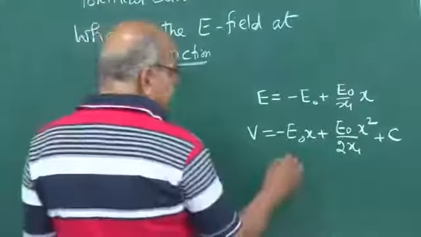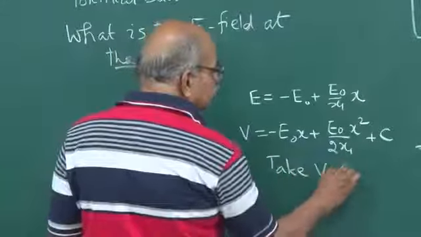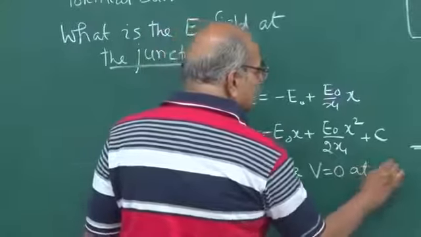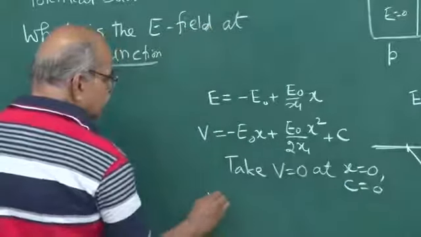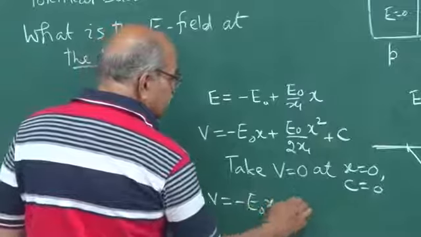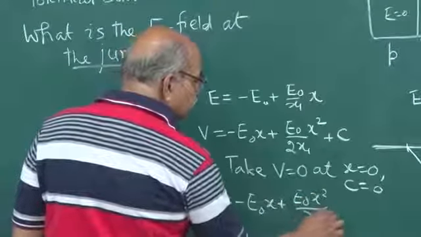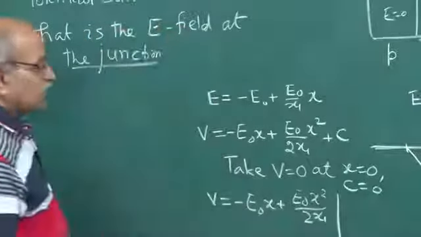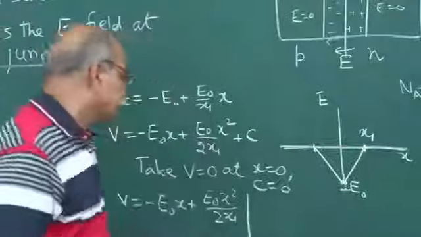And you can take V to be 0 at x equal to 0. This is our choice, and that will make c equal to 0. So V is equal to minus E naught x plus E naught x squared over 2 x1. And what happens at x equal to x1 and beyond?